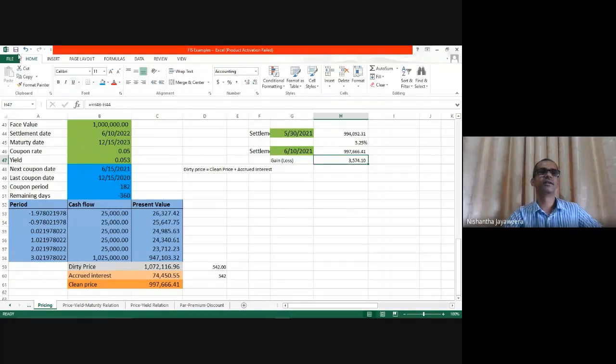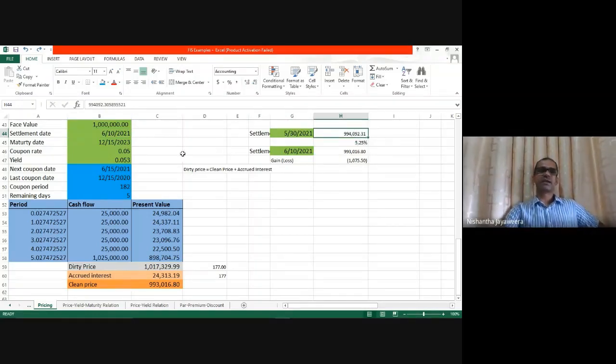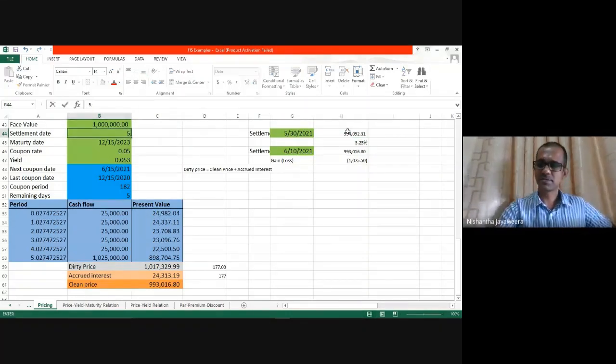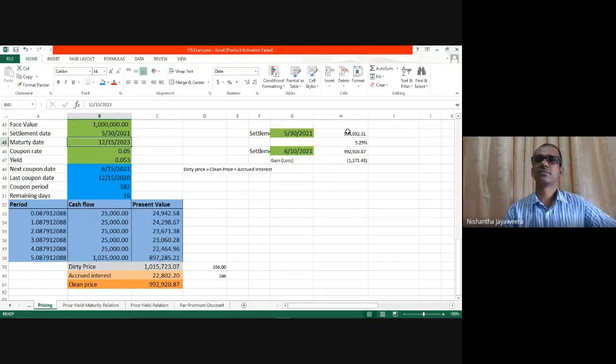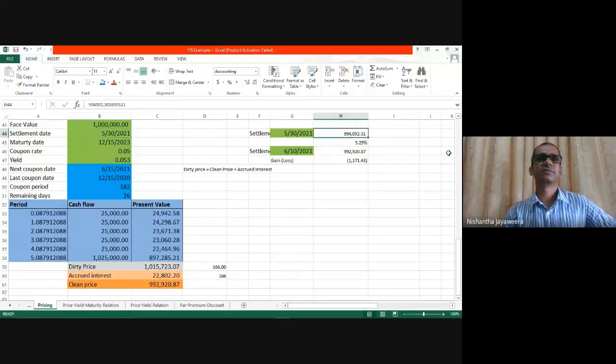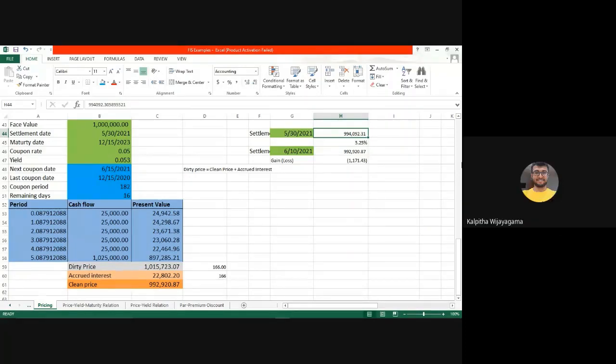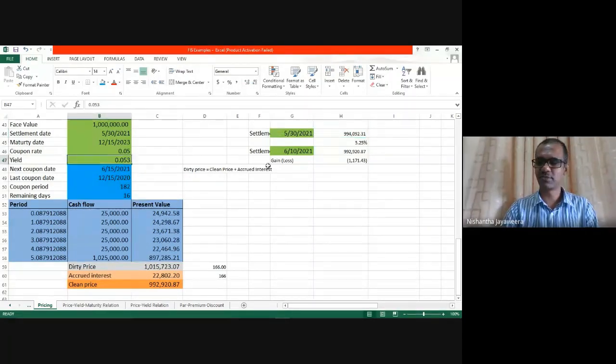Yes. What I did, how did we calculate this? We calculated the price, assuming we buy this bond on 30th May. If we buy it, how does this figure change?